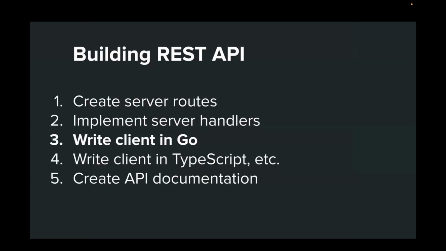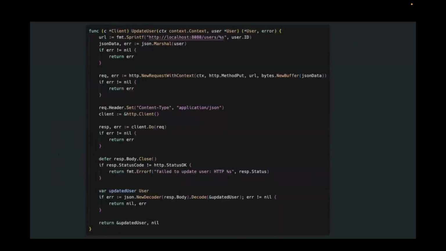Of course, when writing APIs that should last long, you need to write your client. So first, you need to write your client in Go, and then second, a client in TypeScript or any other language which is important to you or to your customers. So in Go, again, this is sample code.